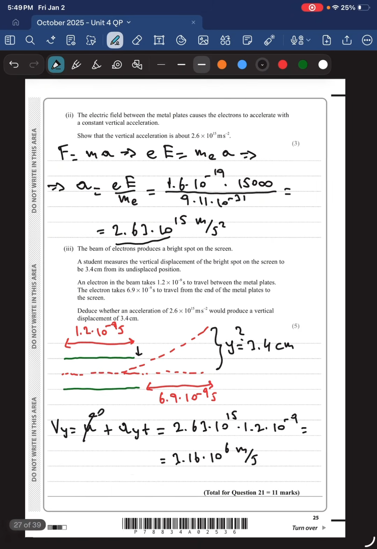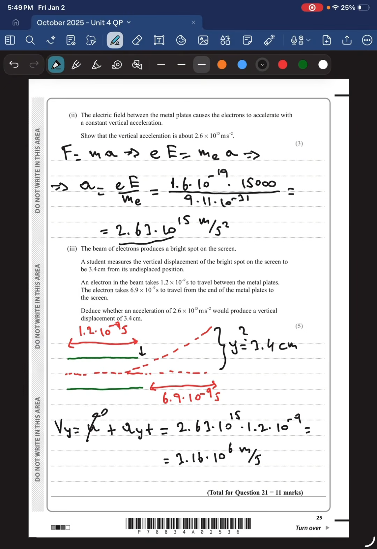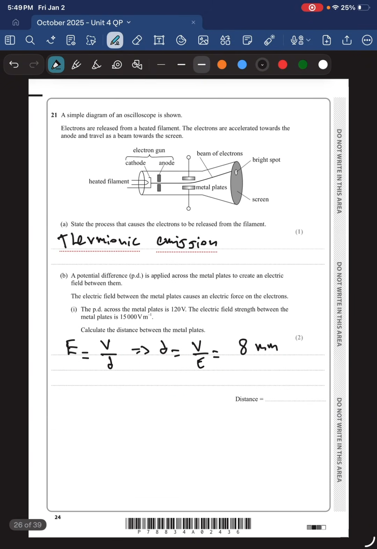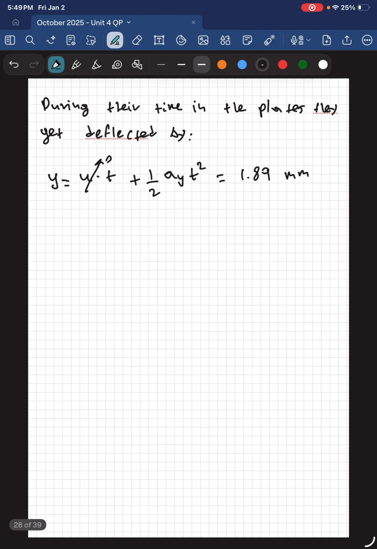So t is 1.2 times 10 to the negative 9 seconds, and ay is 2.63 times 10 to the 15. Using these, the vertical displacement right after they exit the plates is 1.89 millimeters, which is good because the distance between the plates is 8 millimeters. If the deflection was like 5 millimeters, we would know that the electrons actually touch the upper part of the metal plates. I hope this makes sense.